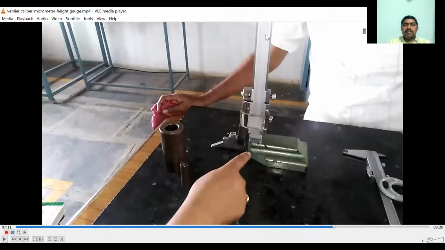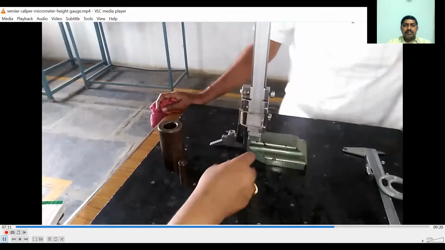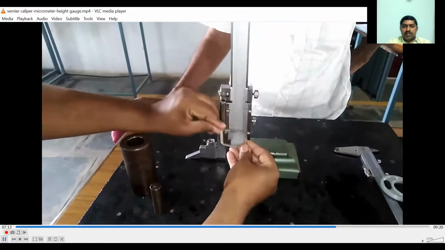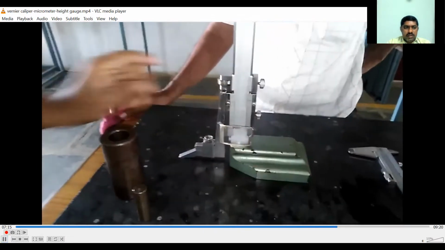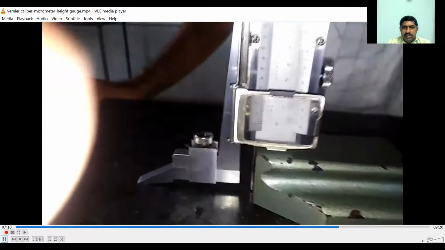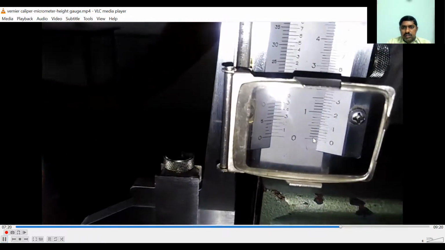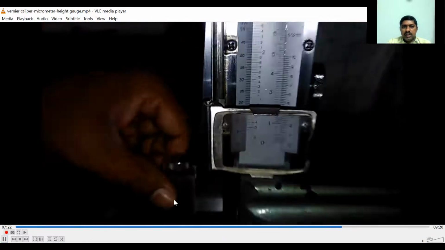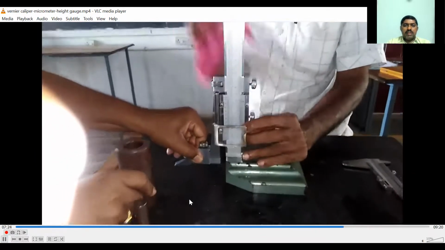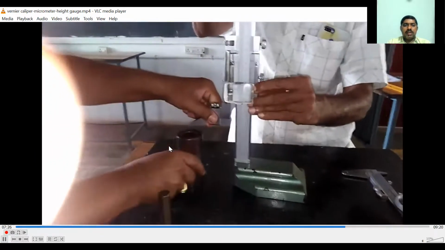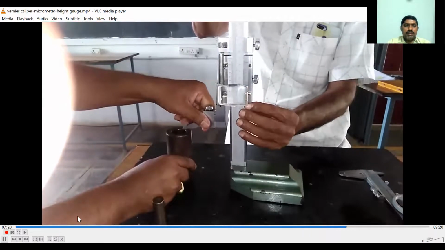With the help of the fine adjustment screw, we can adjust this beam in the column until it shows the reading 0. Now we can see, in this case, we have 0 and 0, exactly coinciding. Now we can use this directly for measuring the height of the given component.